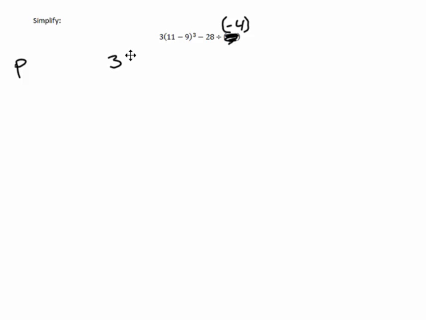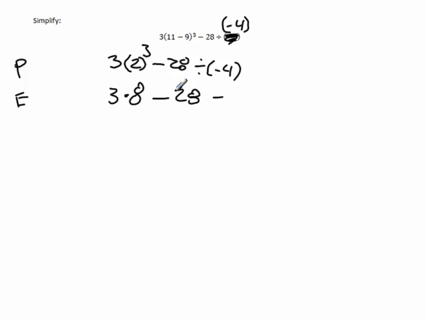So I'm going to say 3 times, well, 11 minus 9 is 2, and 2 cubed, and minus 28 divided by negative 4. The next thing we handle is the exponents. Our exponent here is this 3. 2 to the third power is 2 times 2 times 2. 2 times 2 is 4, so 4 times 2 is 8. So I get 3 times 8 minus 28 divided by negative 4.